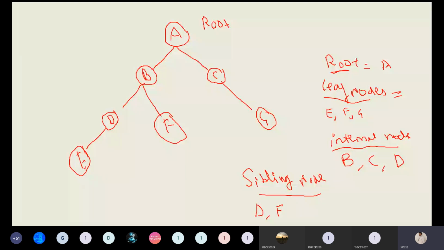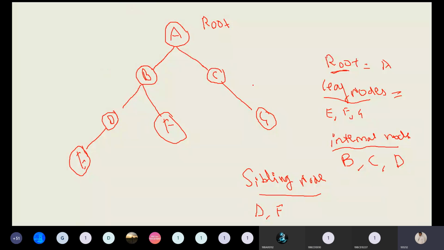Okay, is this clear to all? Excuse me, sir. Yes, just tell me. Sir, B and C are also sibling nodes, right? Yeah, definitely. That's the point I'm asking.